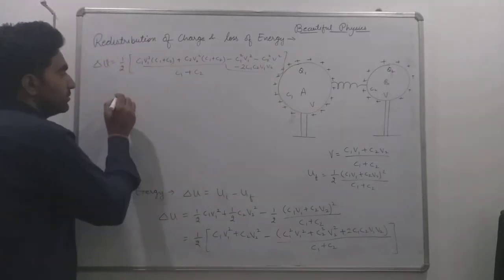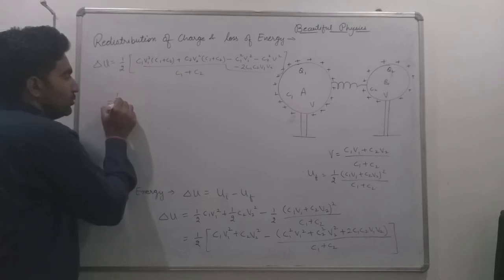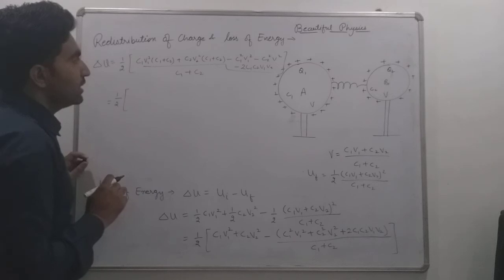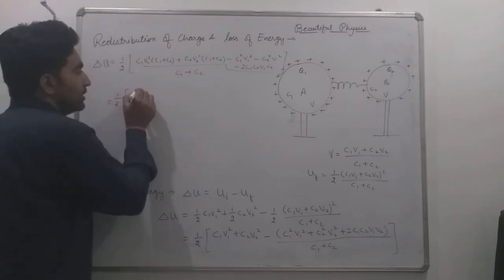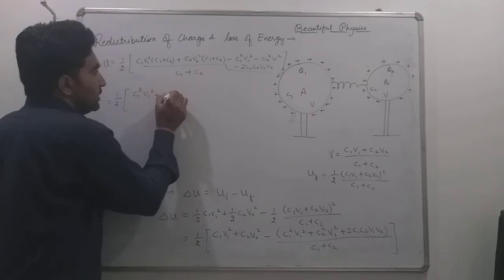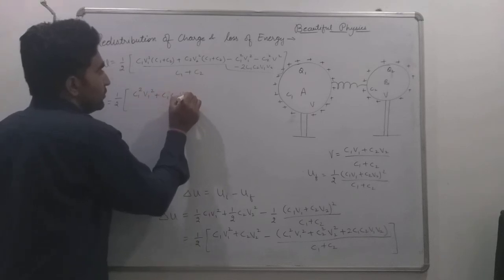Now multiply these terms. We have 1 by 2. When we multiply C1 V1 square, inside we have C1 square V1 square plus C1 C2 V1 square.